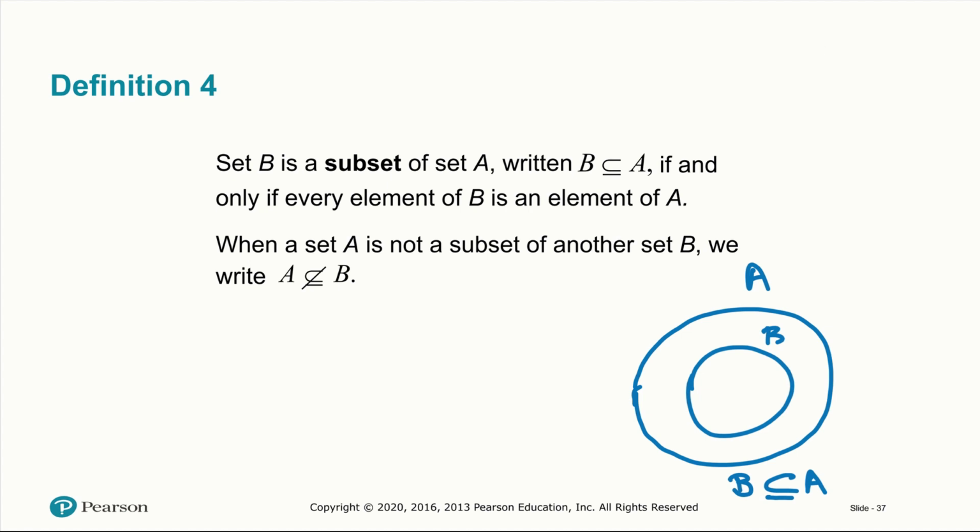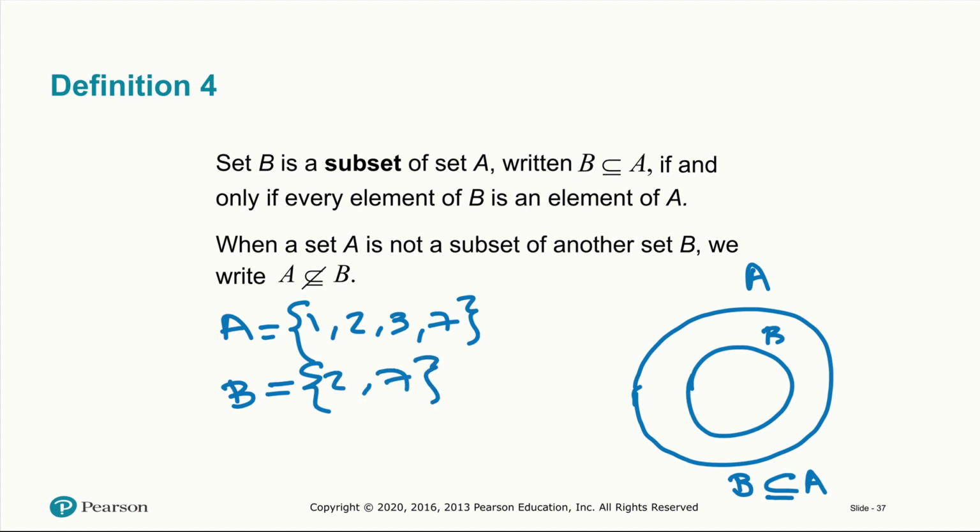As a real simple example with numbers, let's say you have the set A equals 1, 2, 3, and 7. And let's say you have the set B, which is composed of just 2 and 7. Notice that everything that's contained in B is also contained in A completely. So we say B is a subset of A.